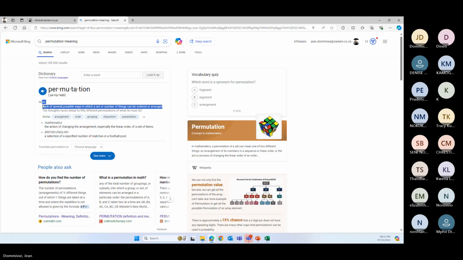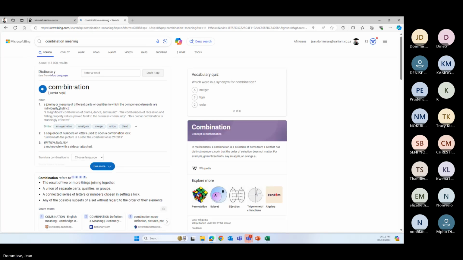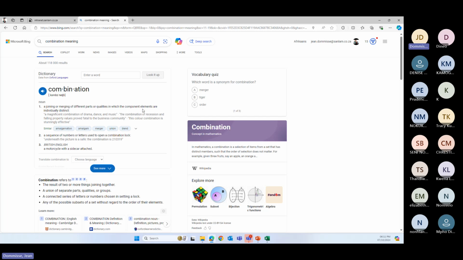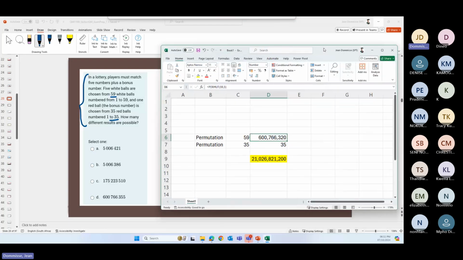Okay. And look at that last part, ordered and arranged. So do we worry about the order? Okay, so do we worry about the order in this? And that's very important.